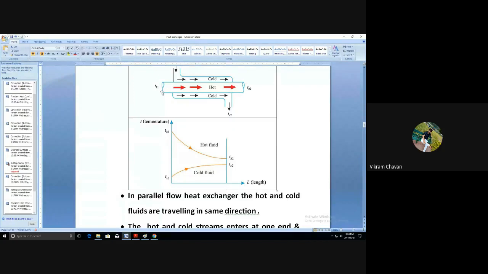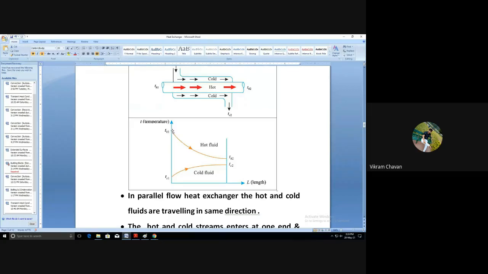As the hot fluid flows in this direction, it transfers heat to the cold fluid through the separating wall. Because of that, as the hot fluid moves over the heat exchanger, its temperature goes on decreasing. On this diagram, this is the inlet temperature of the hot fluid, TH1.